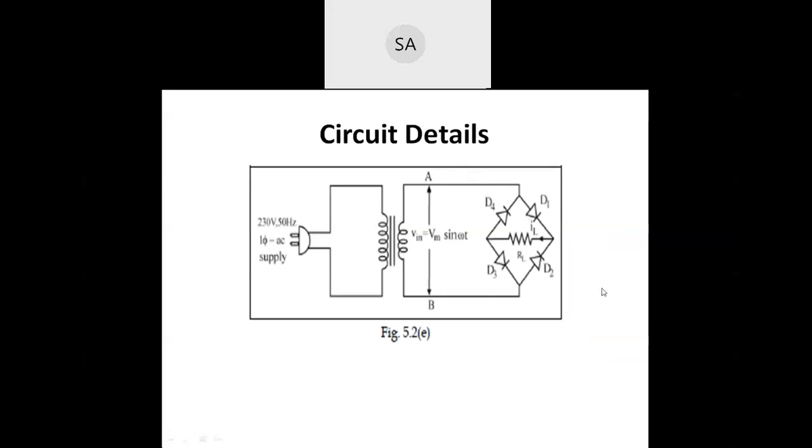By studying the circuit, this is the path A, D1, D2, B.